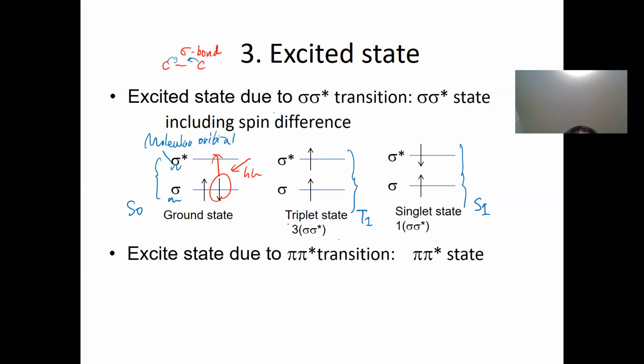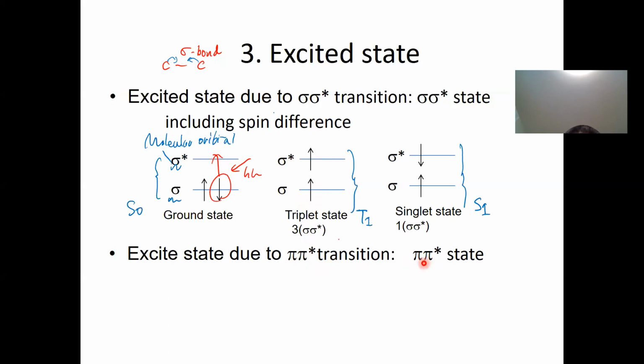Similarly, now we thought about the sigma bond case, but when we think about the pi bond, in the case of ethylene, you have pi and pi star states, and if the electrons are excited from the pi state to a pi star state, it is called a pi-pi star state.